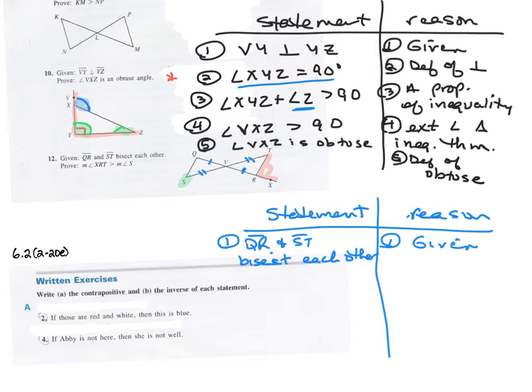So what I'm going to do is show that these two triangles, this blue one and this yellow one, are congruent triangles, and then I'm going to show the relationship between angle S and T because of the CPCTC, and then I can use my property of inequality.